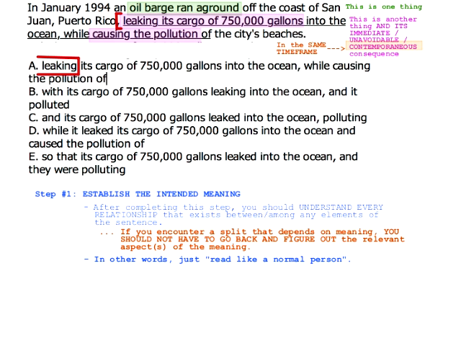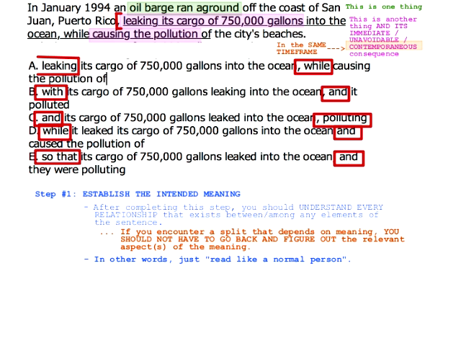Let me make a better box. Okay. They're trying to use comma ing on the left here, and here's "while," here's "and," here's "with," here's "and," here's comma ing, here's "while," here's "and," here's "and," and here's "so that."